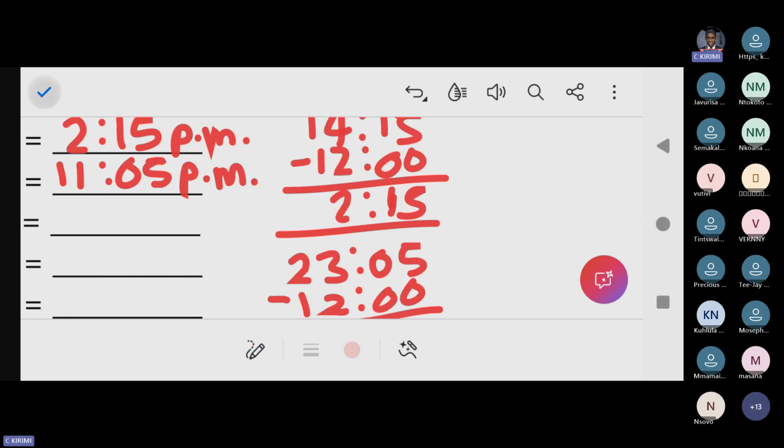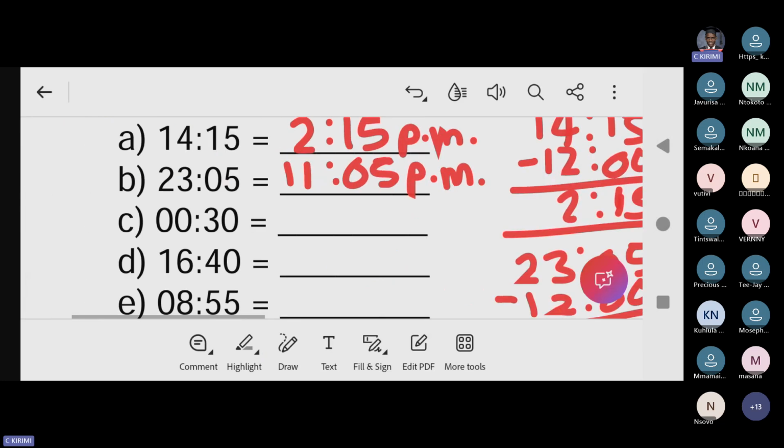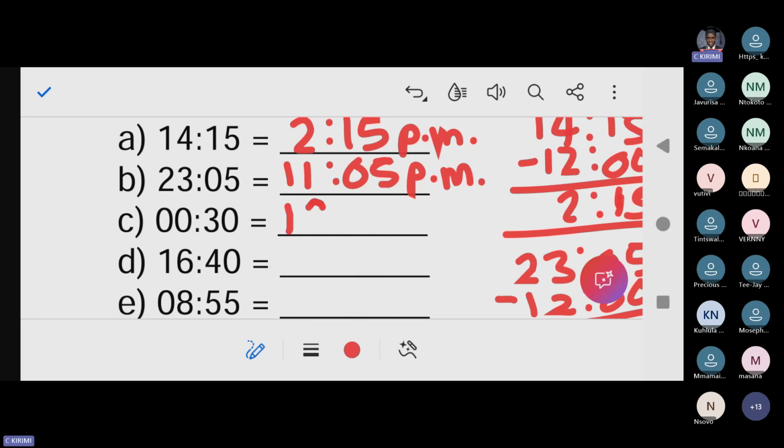So you know that midnight, you are referring to 12:30. This is 12:30, and midnight is AM. 12:30 is the time? Midnight.